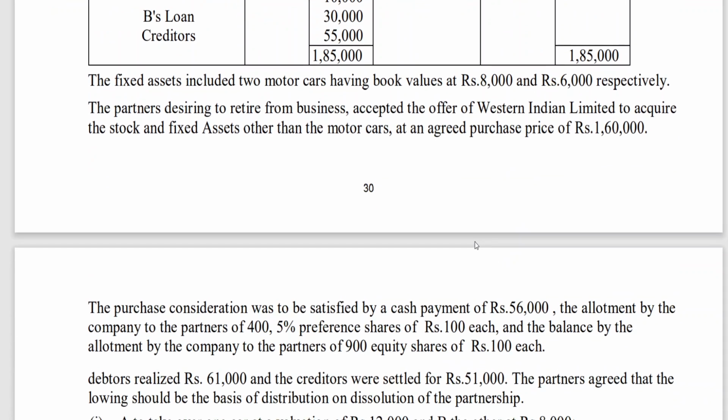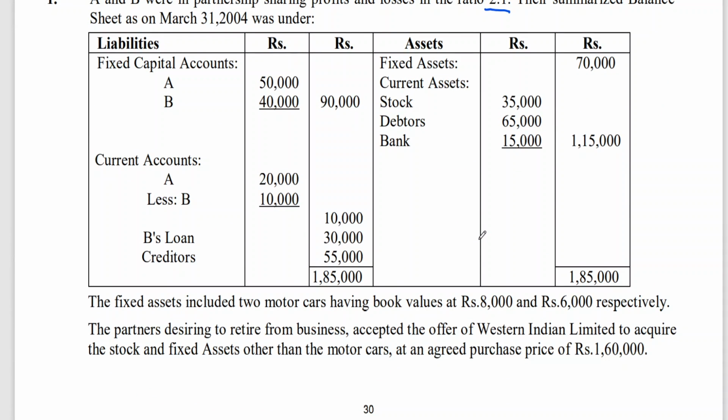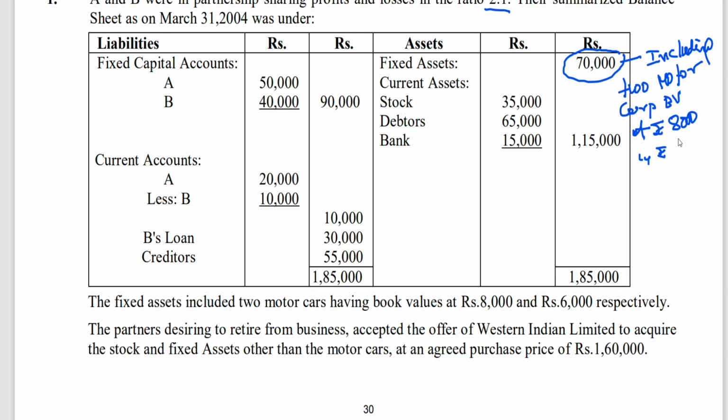Okay, then the fixed assets include 2 motor cars having book value of 8,000 and 6,000. So the 70,000 is including 2 motor cars at book value of rupees 8,000 and rupees 6,000, means 8 plus 6, 14,000.